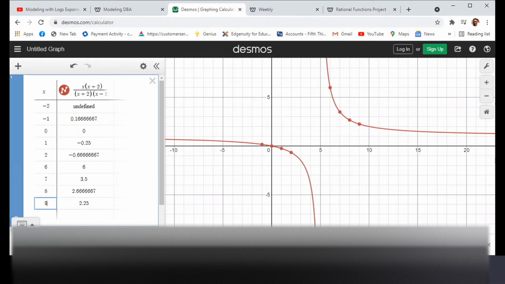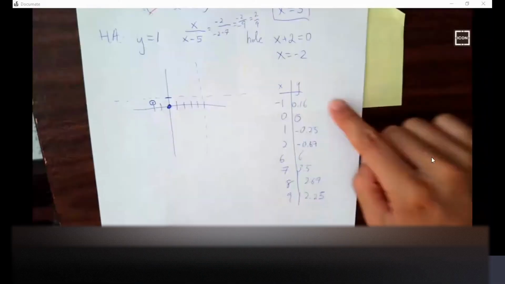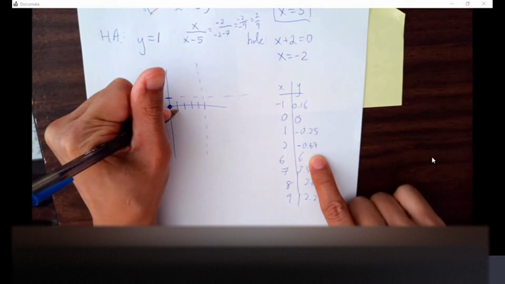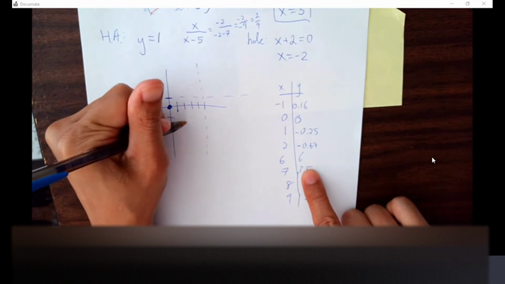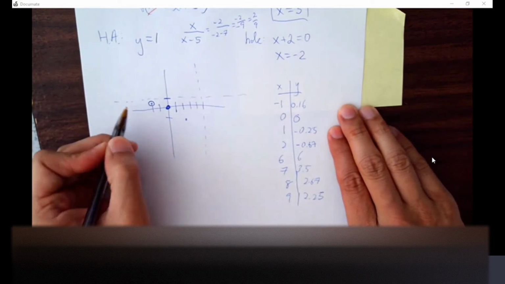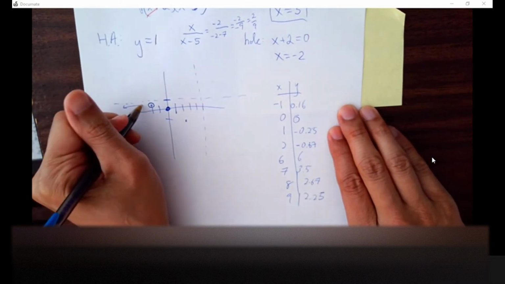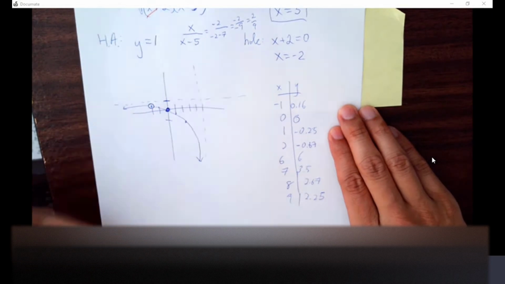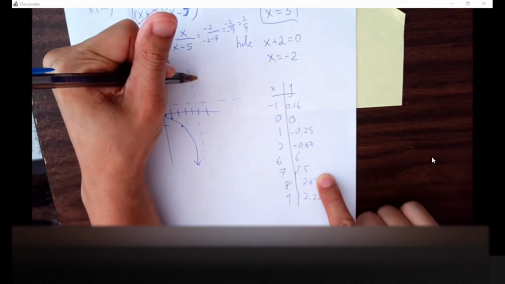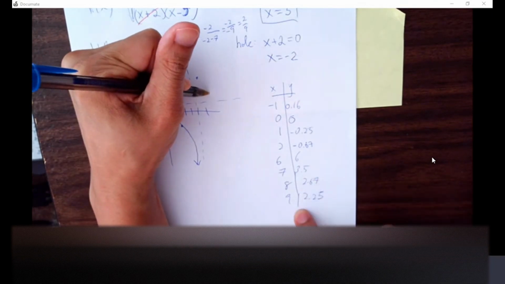Okay. All right, so 1 is at -0.25. All right, so I have an idea how the graph's going to look. 6, 7 is 3.5, 8 is 2.67.